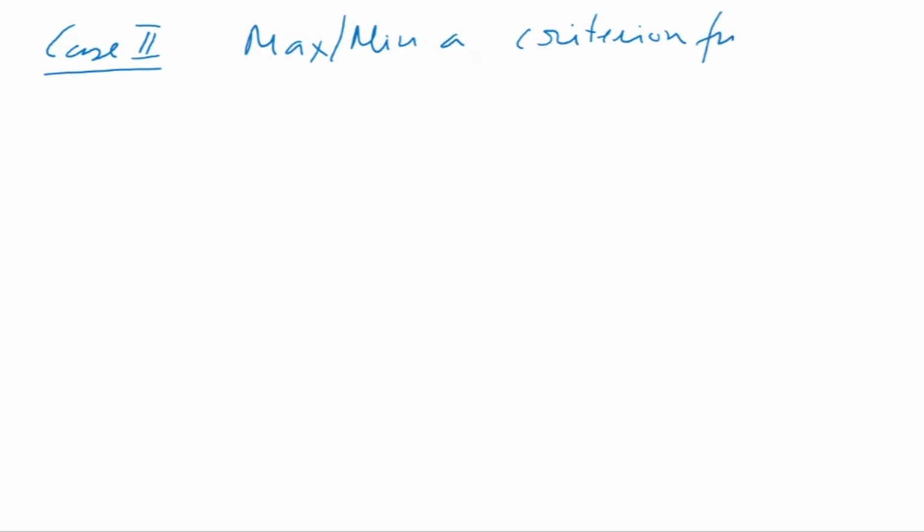In case 2, this is my case 2. Now in case 2, we may be required to do some kind of an optimization. For example, there could be a criterion function. Okay, maximize or minimize a criterion function. What does this mean?